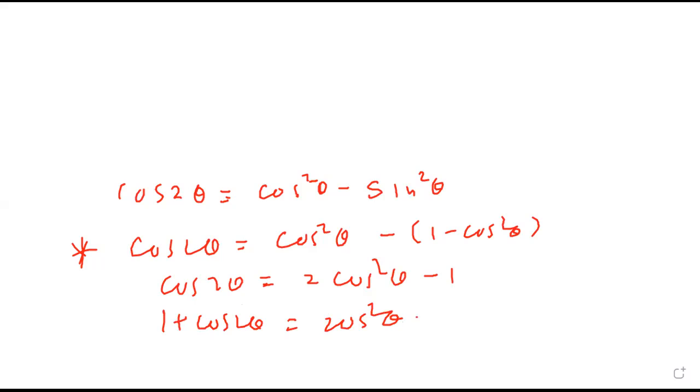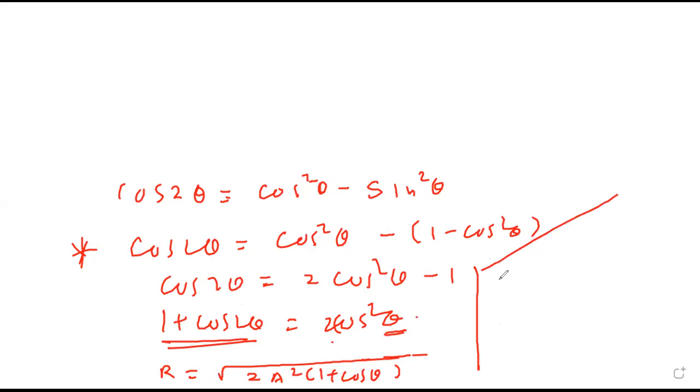Here the angle is theta and there is a 2. So our formula was 2a square into 1 plus cos theta, which will be 2 into cos square of theta by 2.